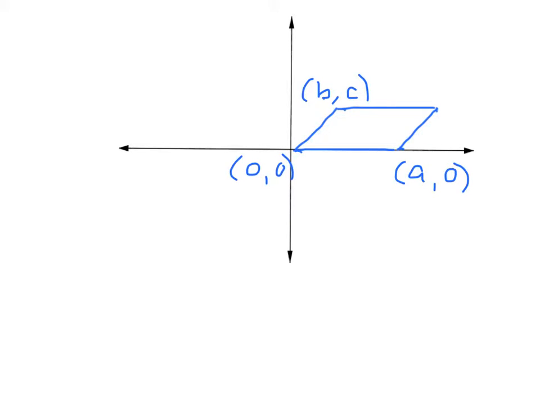A fact you may remember about parallelograms is the opposite sides are the same length. So I have to make the distance we travel here be the same as the distance we traveled right here.